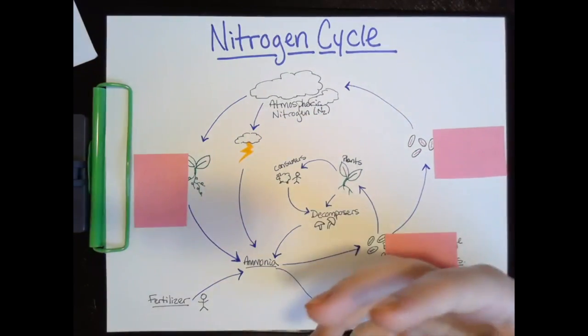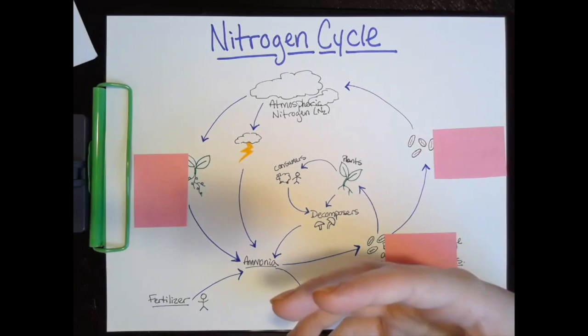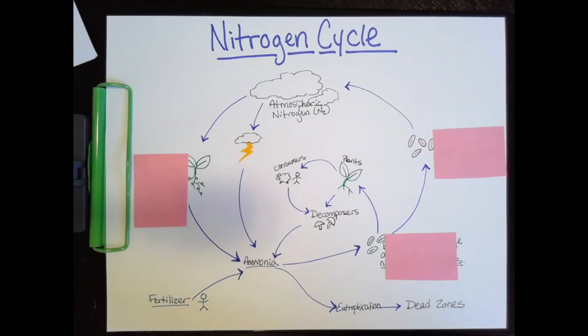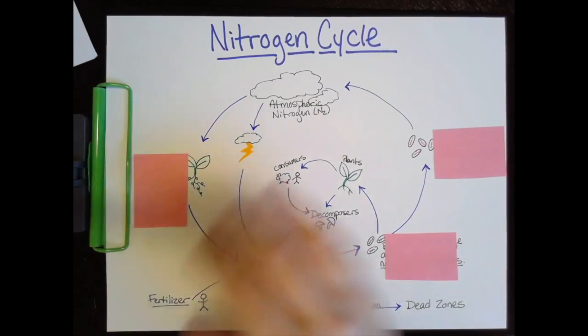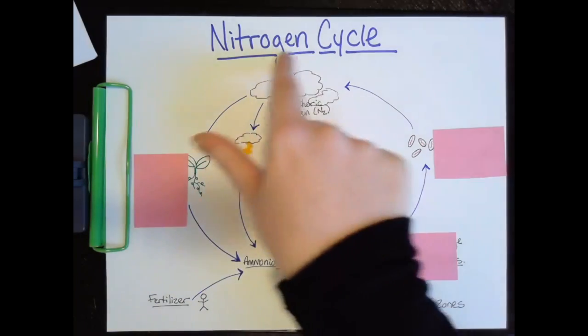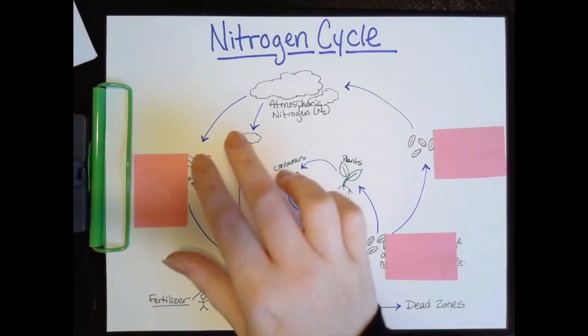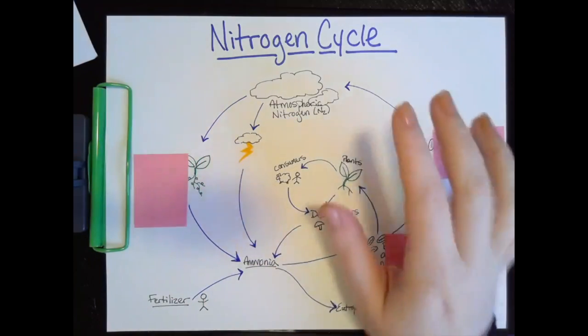It's important for people, animals, and plants because it is a major component in DNA, which is what makes you, you. Your body also uses it to form proteins and other important compounds that it needs. The problem with nitrogen is that the nitrogen that we find in our atmosphere, our atmospheric nitrogen, is not a kind of nitrogen that our bodies can use.